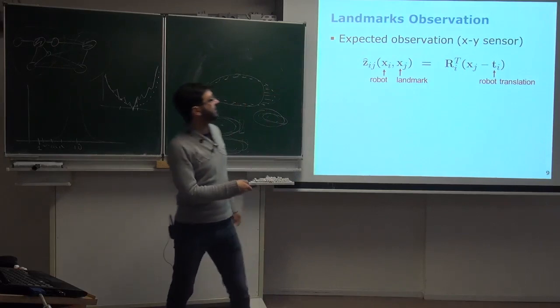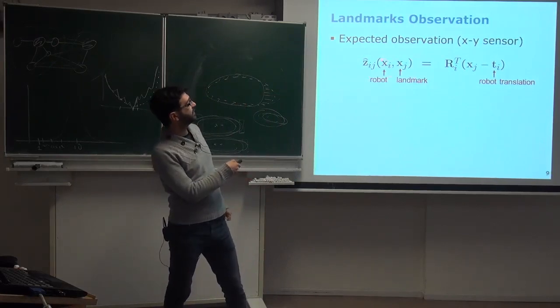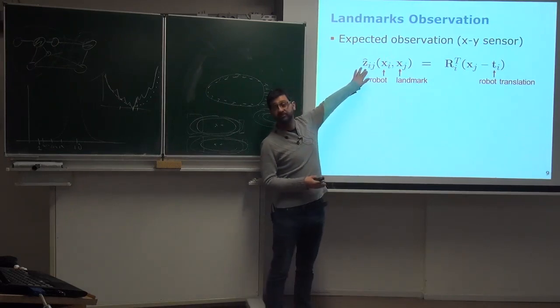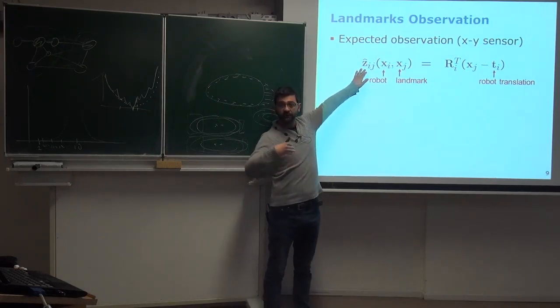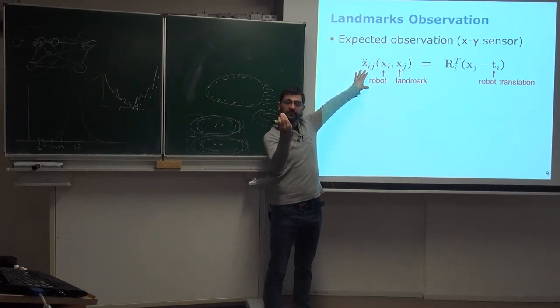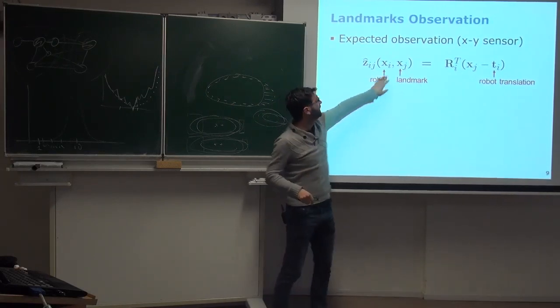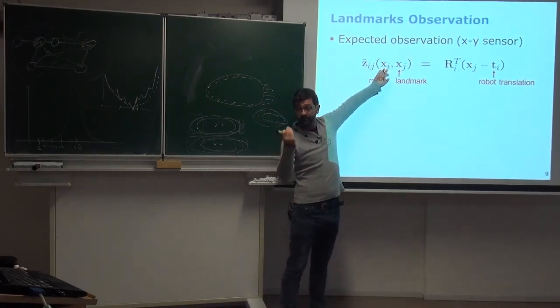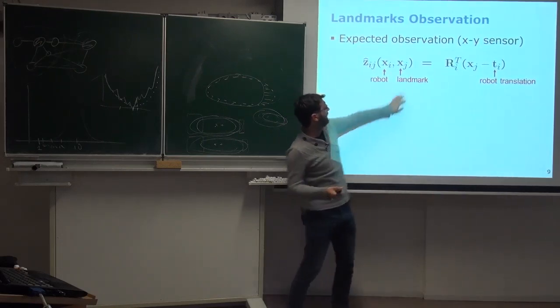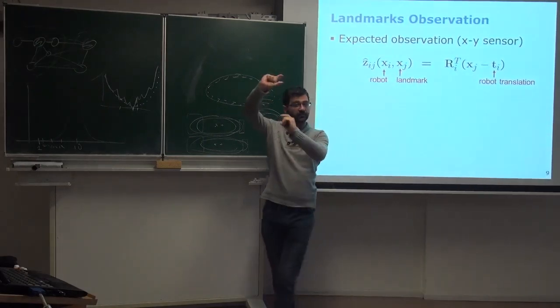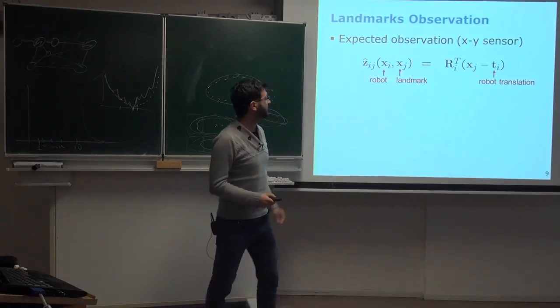And you can write it like this. xi is the robot, and this is the expected measurement, the one that we compute from the state space, where one part is the robot pose at a certain time, and one part is the landmark. We get the robot xi, the robot pose at time i, and the landmark xj, which is still part of the state space.